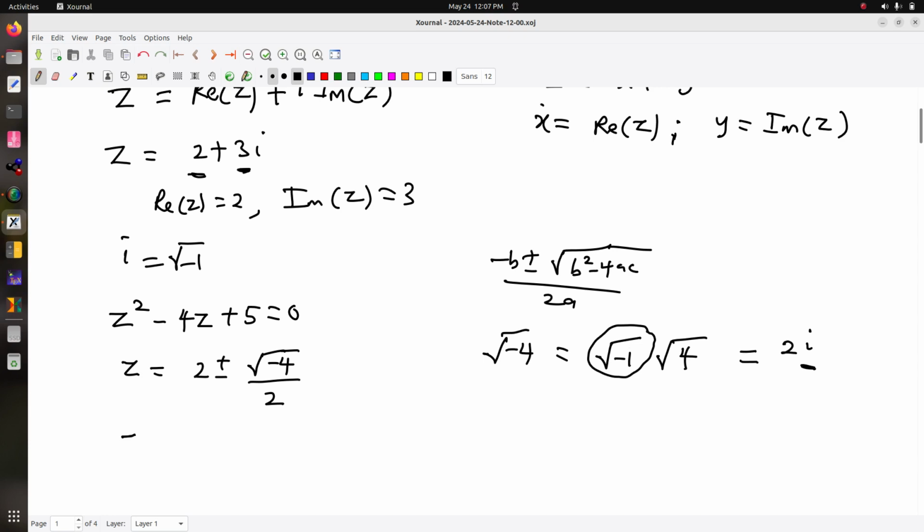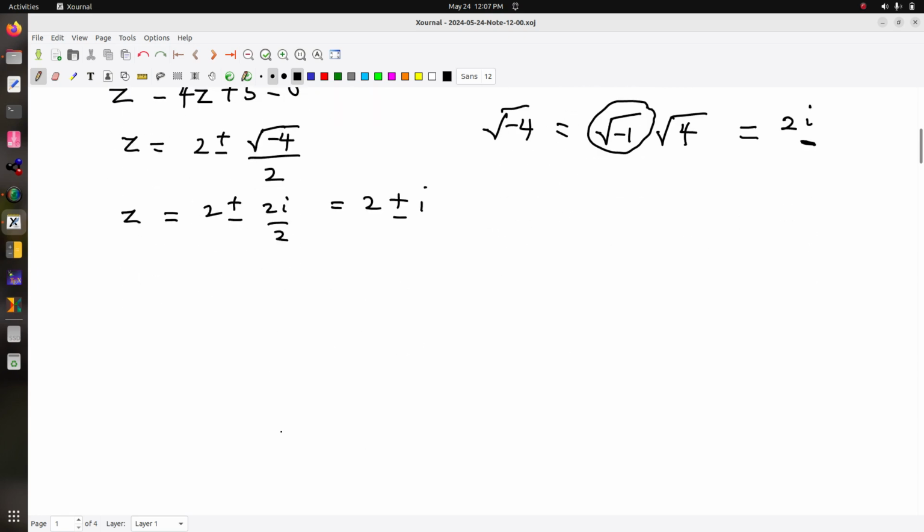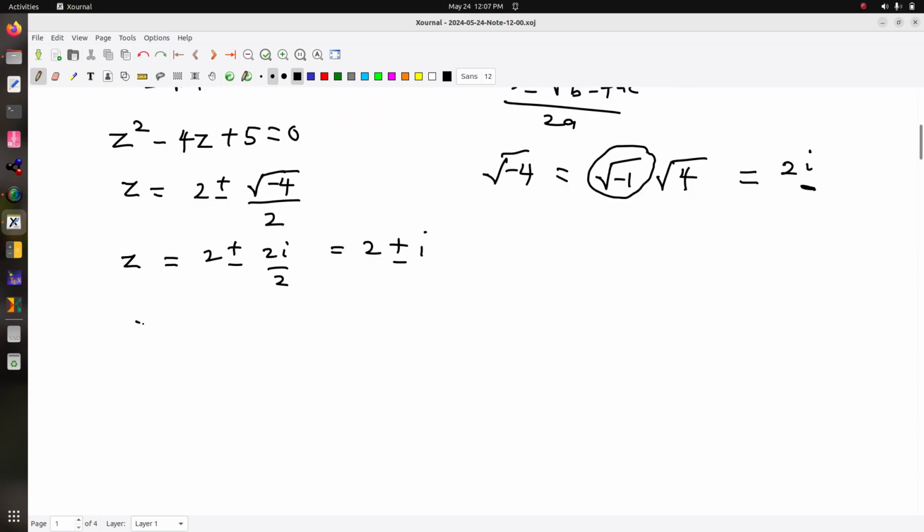So in this particular problem, we can write it as 2 plus or minus 2i over 2, or 2 plus or minus i. In this case there are two solutions. The first solution Z1 is 2 plus i, and the second solution Z2 is 2 minus i.